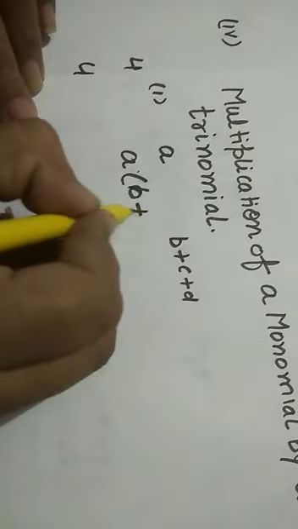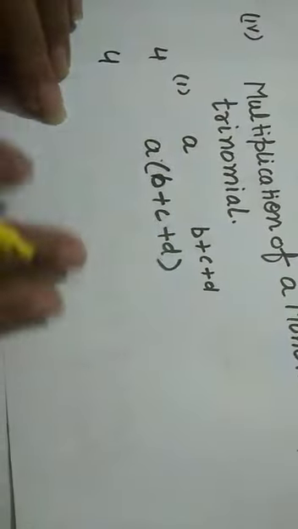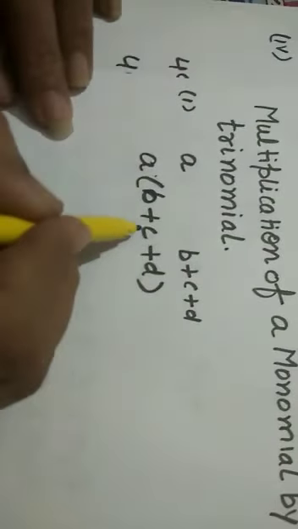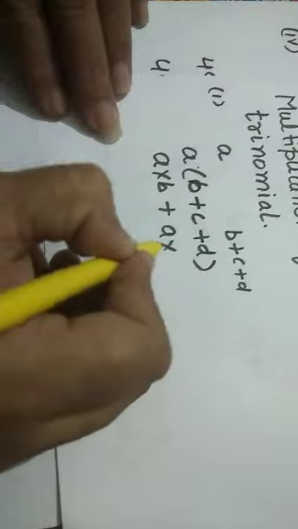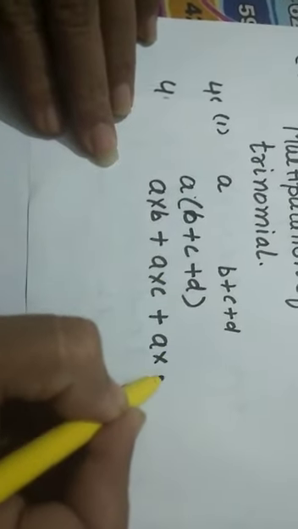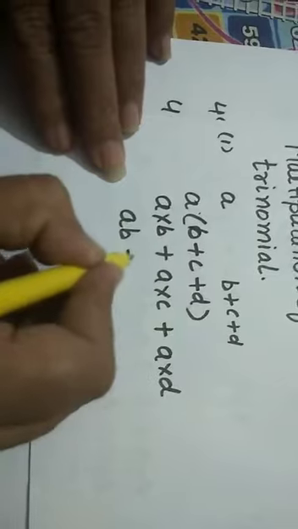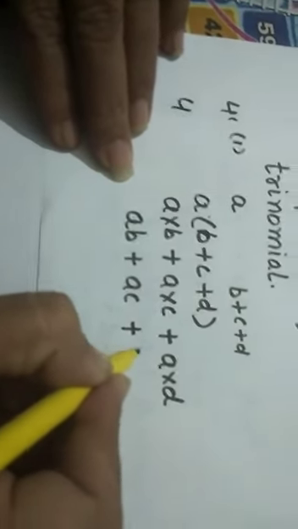Same way we'll write b plus c plus d, means the second expression in the bracket. So same way here, first of all a will be multiplied with the first term, then a will be multiplied with the second term, and then it will be multiplied with the third term. So it will be a into b, a into c, a into d. So it will be ab plus ac plus ad. So this is the first part of question number 2 of exercise 9.3.